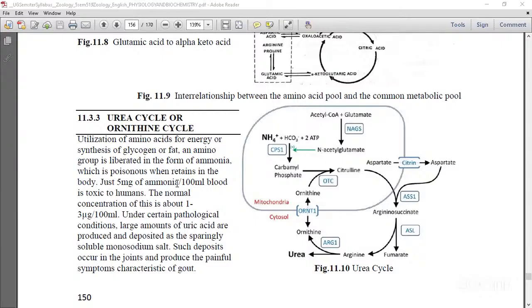Under certain pathological conditions, a large amount of uric acid is produced and deposited as the insoluble monosodium salt. Those deposits occur in the joints and produce the painful symptoms characteristic of gout.